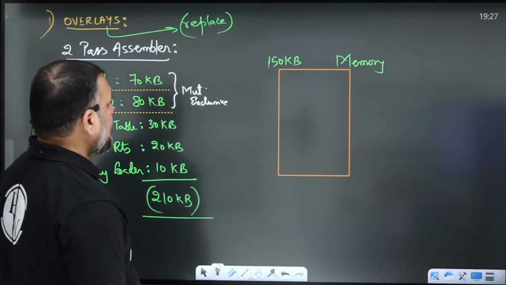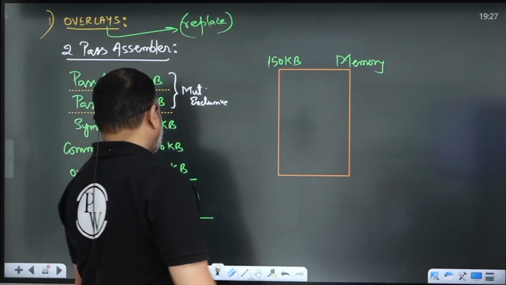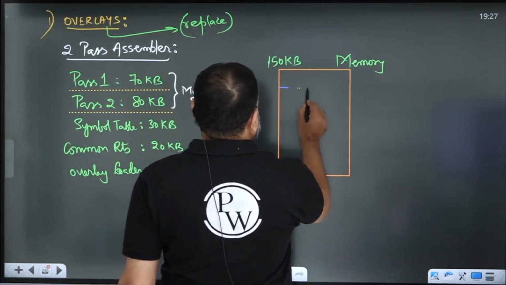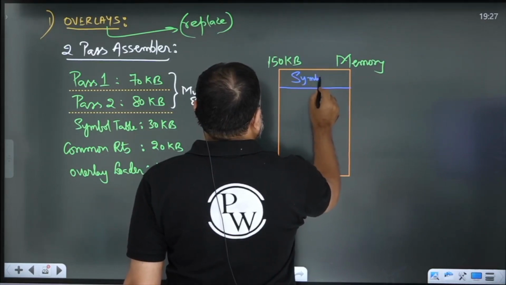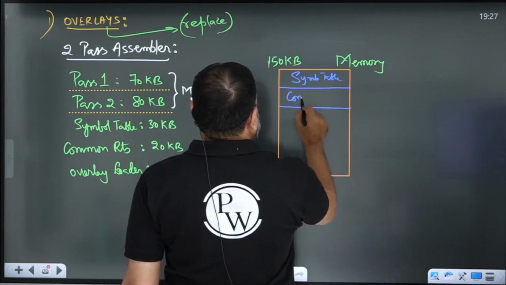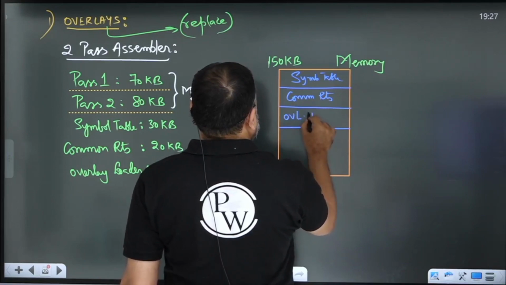So that I can exploit as a property here and perform the execution as follows. So follow here, boys and girls. How do I do it with overlay? I will load first all those modules which are necessary during both the passes. During both the passes, I need symbol table, so I will load symbol table first in memory. During both the passes, I need common routines. I load them. Overlay driver always has to be there in memory.